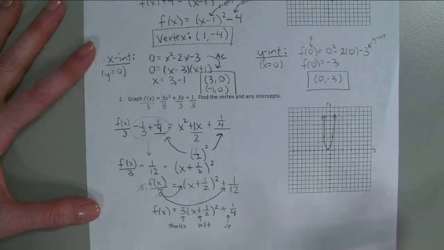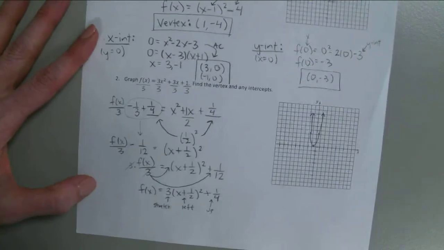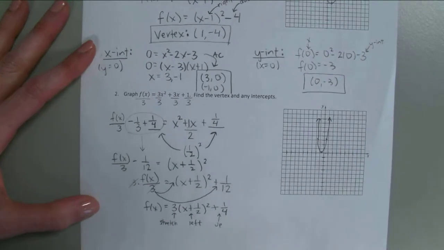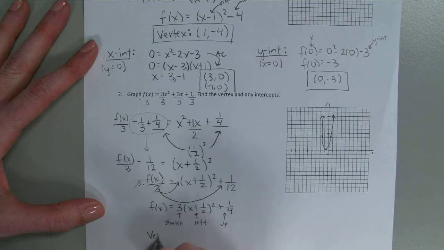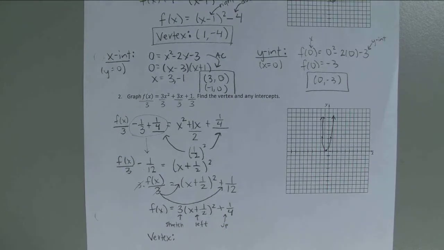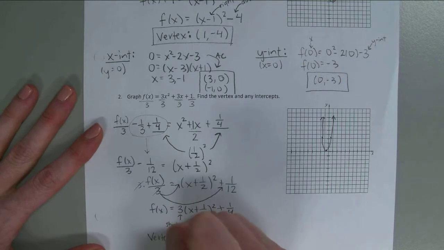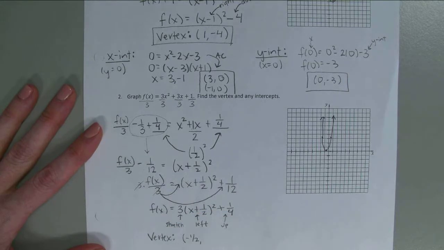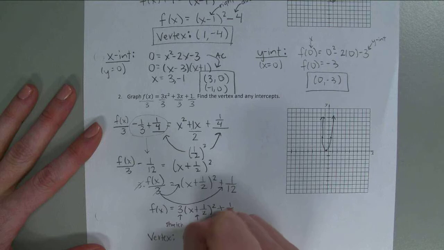All right, so we still have to answer their questions, okay? So the vertex is all based on your shift, okay? So we shifted to the left, so what's our x value of our vertex? -1/2. And we shifted up, so our y value is 1/4.